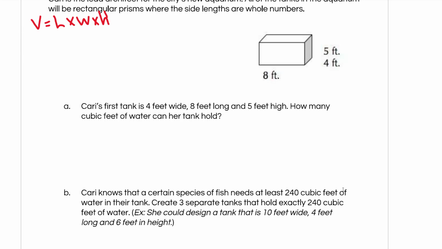I'm looking right here, 8 feet long, so that is my length, and I like to keep everything in order. So I have 8 feet times my width, 4 feet wide, so times 4, and times my height is 5 feet high, so times 5.